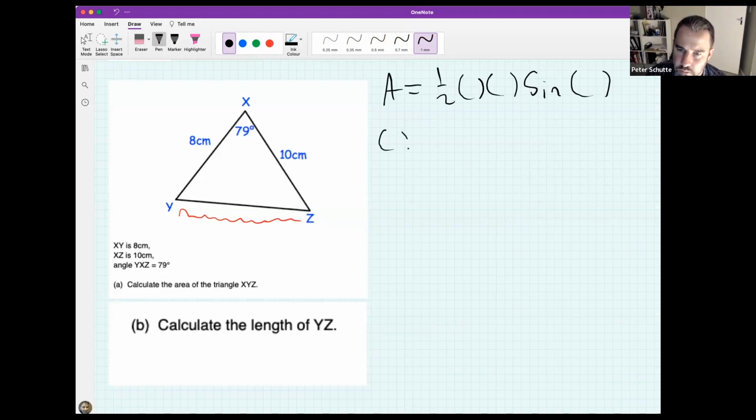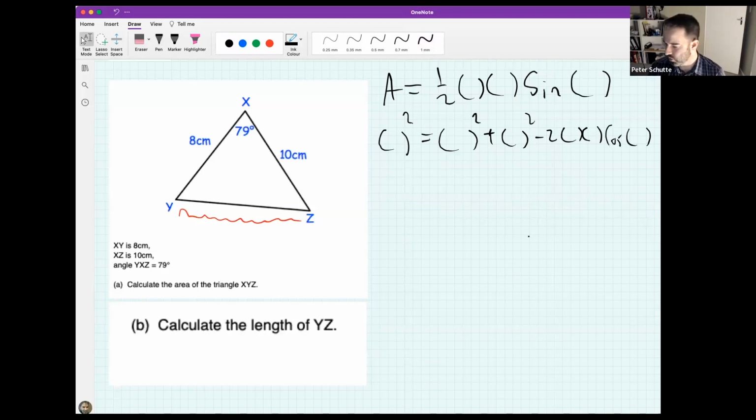And then this one would be... those are the structures you're going to have to use to help you. What do you get for the area? Remember area, how much space fits inside here?